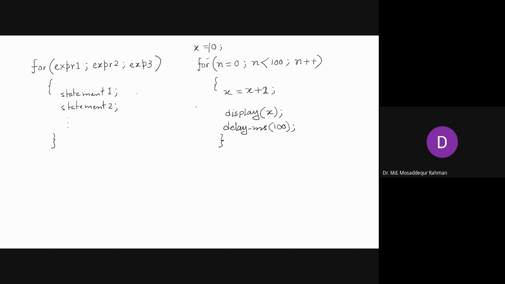Because n starts from 0 and continues until n is less than 100, so that is 99, right? So 100 times it will continue. And it will display from number 2, so the first number will be 2, and then it will increment it 99 times more, so at the end it will be 200, right?